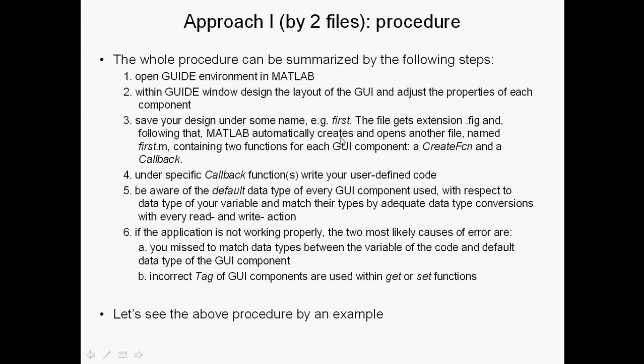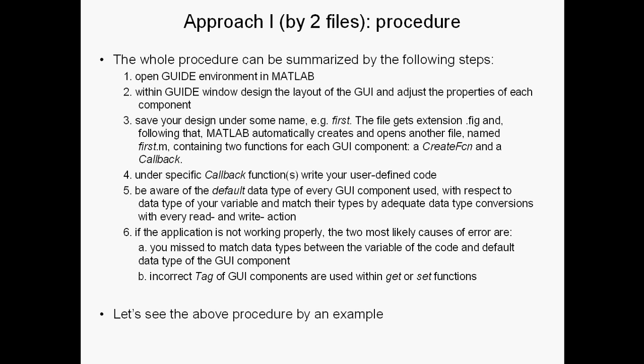So the second thing after putting the components on our canvas, we need to adjust the properties of each component. We will show how to do that. At the end, one has to save the design under some name. In this example, let's call it first, as a first example.